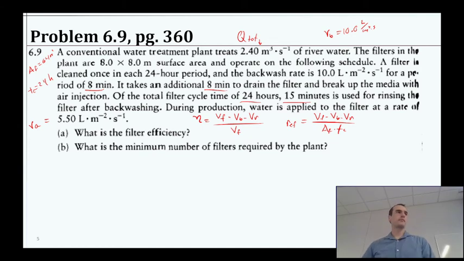But you're in the ballpark, it's off by 5%.